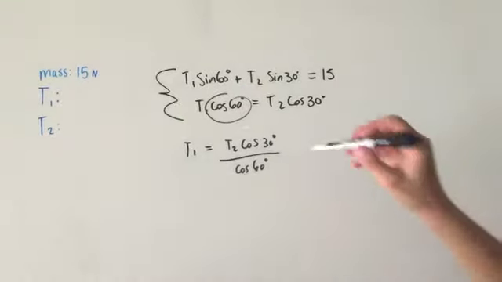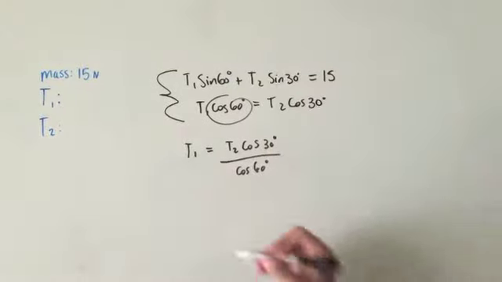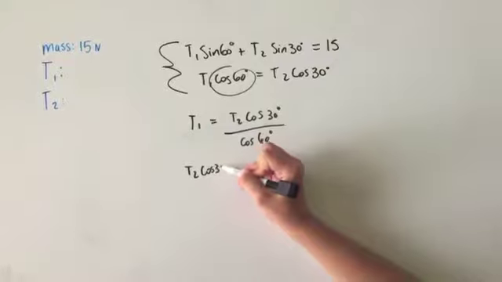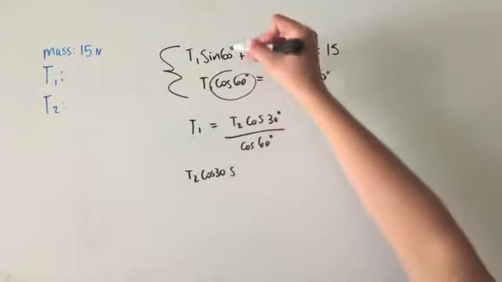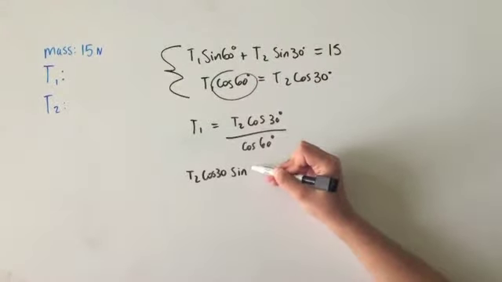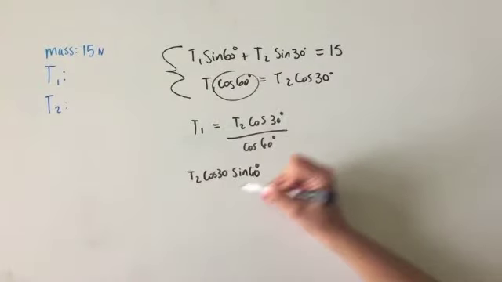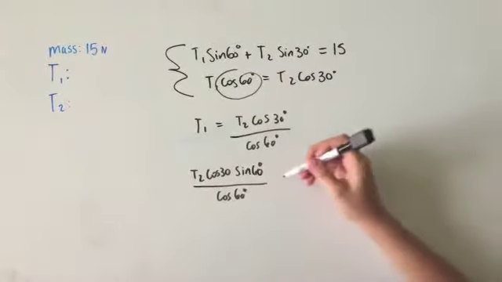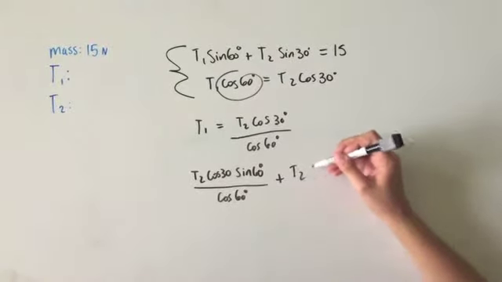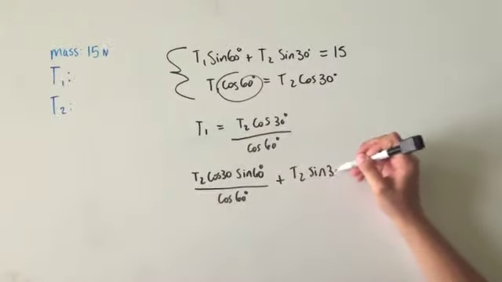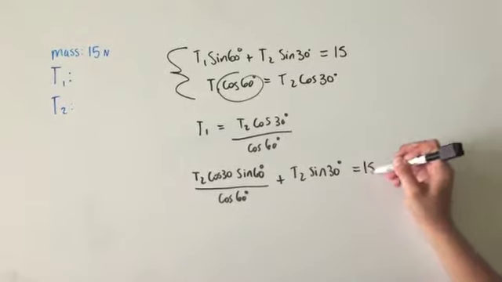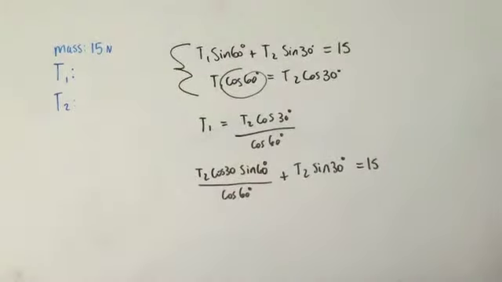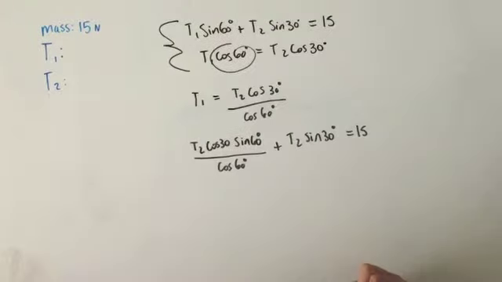Now we can substitute this in for T1 in the first equation by saying T2 cosine 30 times sine 60 over cosine 60 from right here plus T2 sine 30 degrees equals 15. So now we only have one variable in this equation and can solve it using algebra.